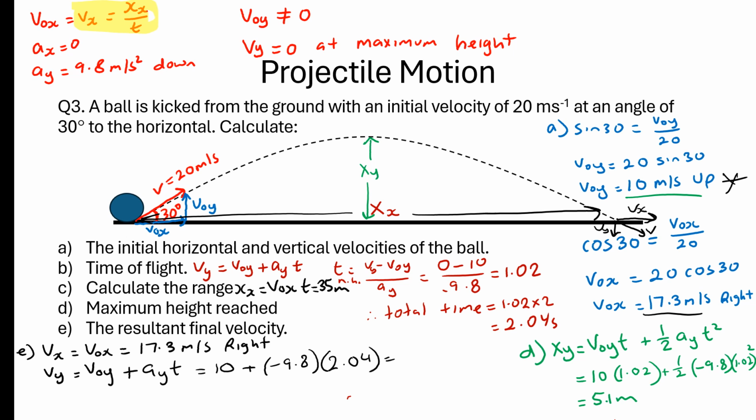And calculate this, we get 10 minus 9.8 times 2.04. We get minus 9.99 meters per second.